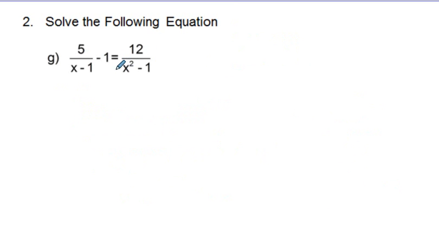Okay, next G, we have 5 over x minus 1 equals 12 over x squared minus 1. And so what are going to be our excluded values? Well, we know that x minus 1 cannot equal 0, so therefore x cannot equal 1.